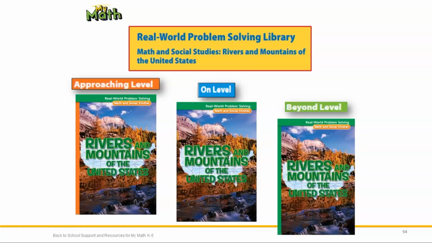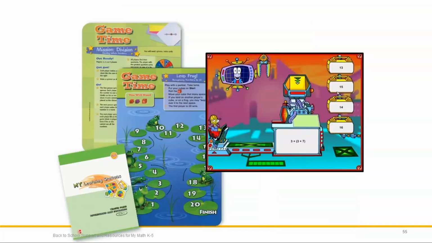They all revolve around the same concepts and skills, but they're at a different reading fluency level. Do notice in your learning station you have a booklet, and this is your teacher's guide on how to use this resource.